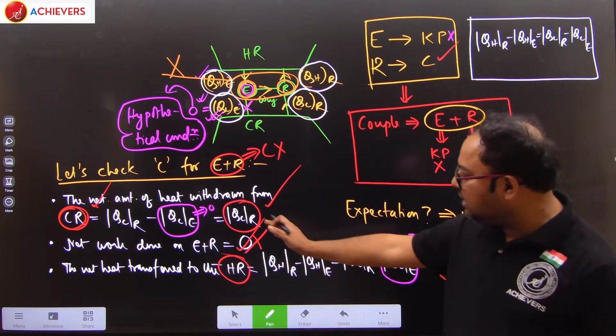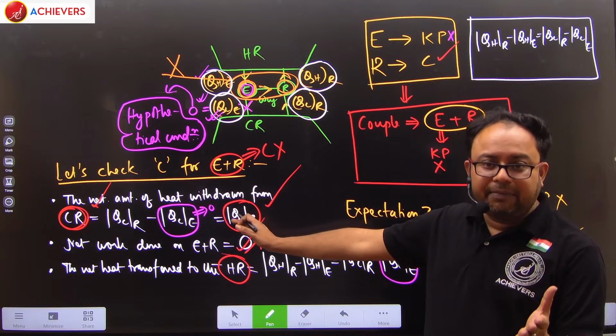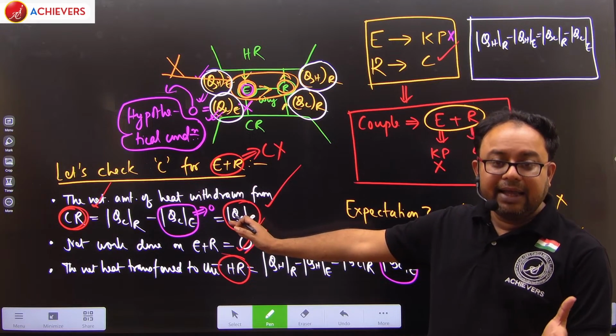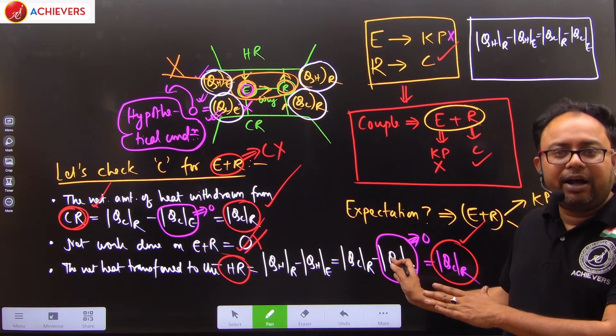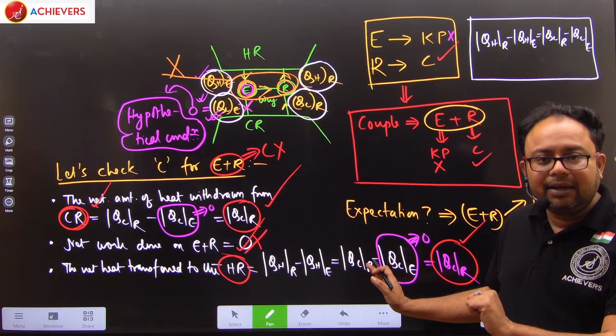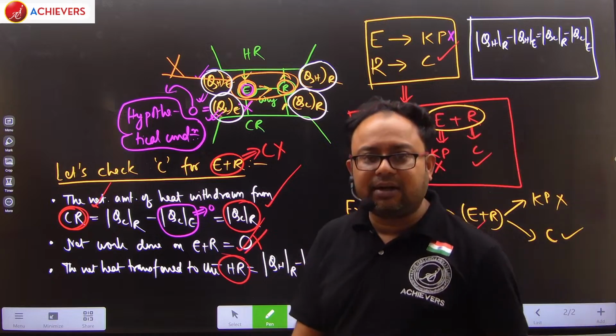But here we see that the amount of heat being withdrawn from the cold reservoir is exactly transferred to the hot reservoir in the same quantity, and there is no support from the external agency.